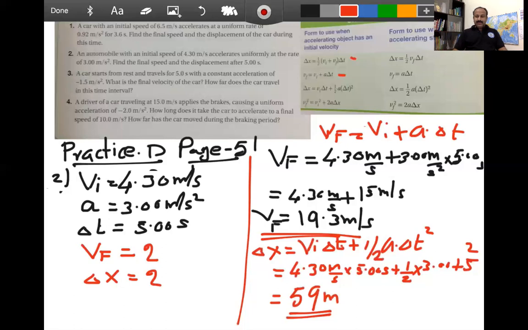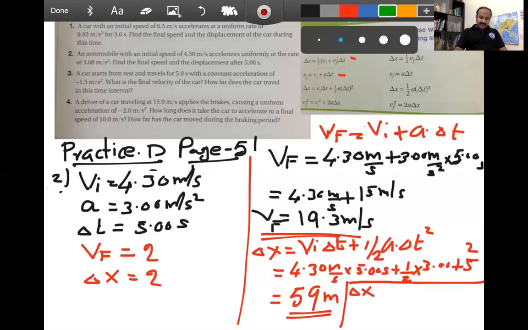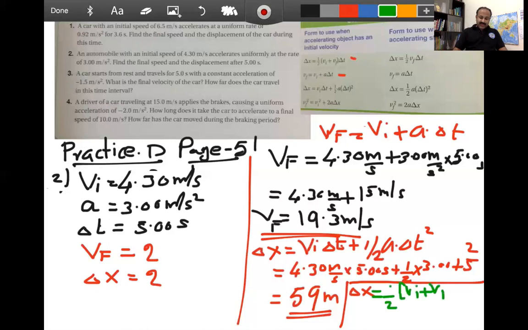Okay, so even if you want to check with the first equation, that also will give the same answer. See, I will just show you. If you want to use the first equation as another way here, delta x is equal to half into Vi plus Vf times delta t.